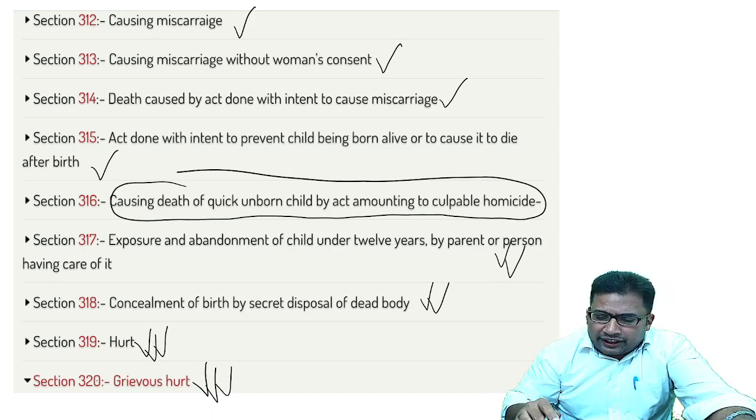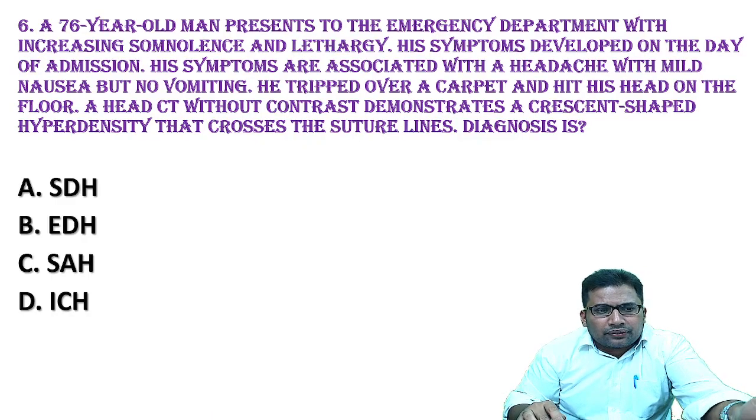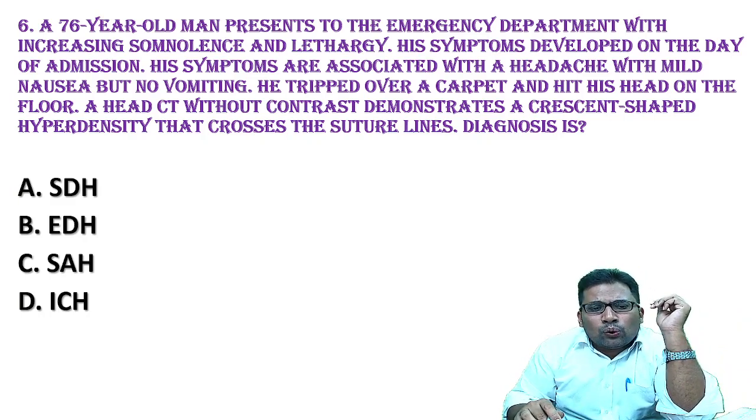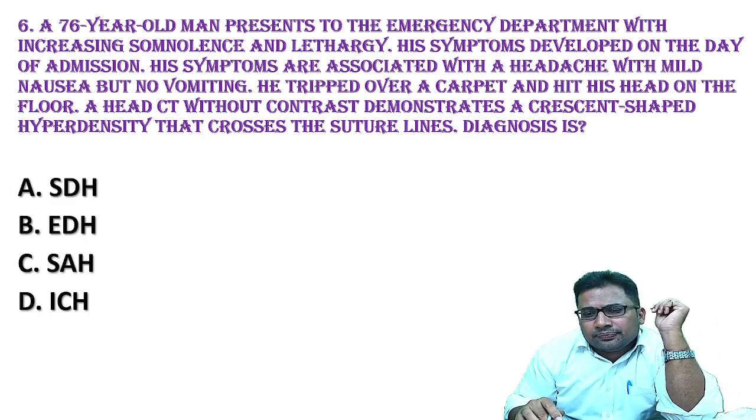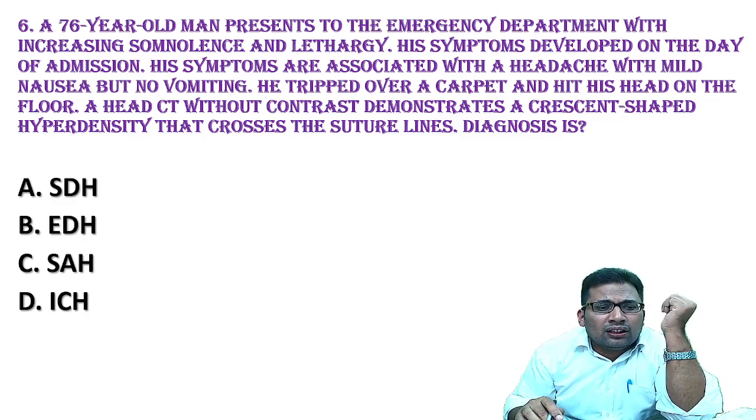Okay? Next question. A 76-year-old man presents to the emergency department with increasing somnolence and lethargy. His symptoms developed on the day of admission. His symptoms are associated with headache, mild nausea, no vomiting.